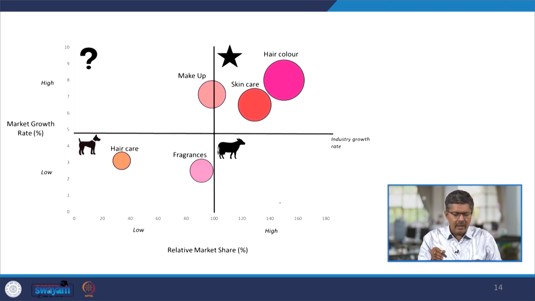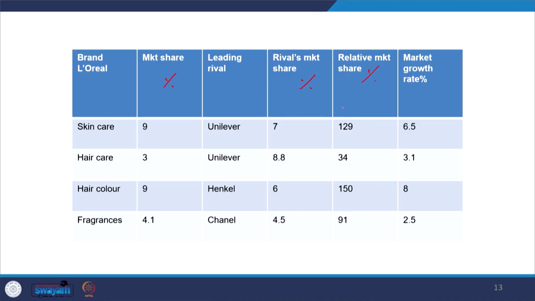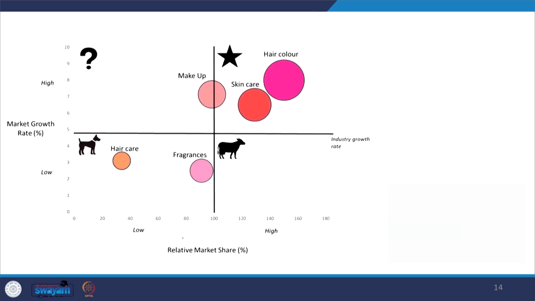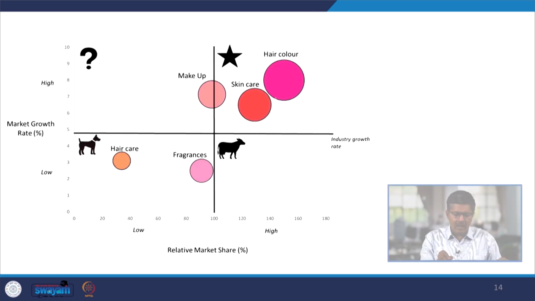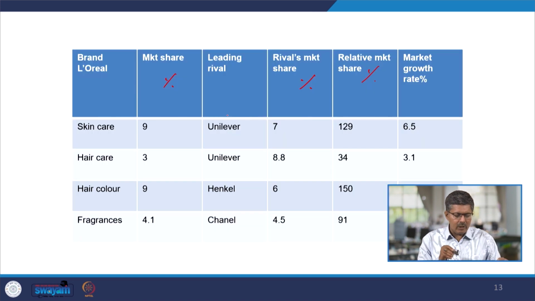If you see here, this one, relative market share is 129, somewhere here. Hair color is positioned here, fragrances is positioned here, skin care is positioned here and hair care is positioned here. By looking at this one can understand which is the best out of these 4.